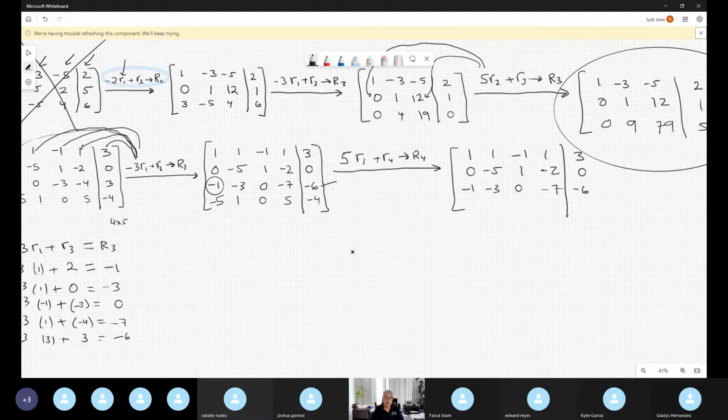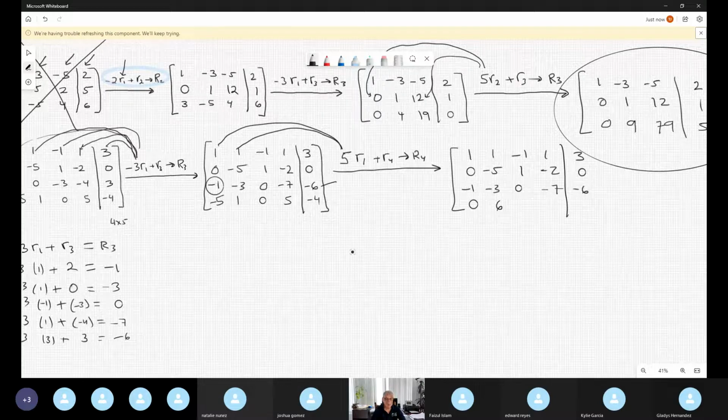Now multiply by 5. 5 times 1 is 5, minus 5 is 0. 5 times 1 again is 5, and 5 plus 1 is 6.